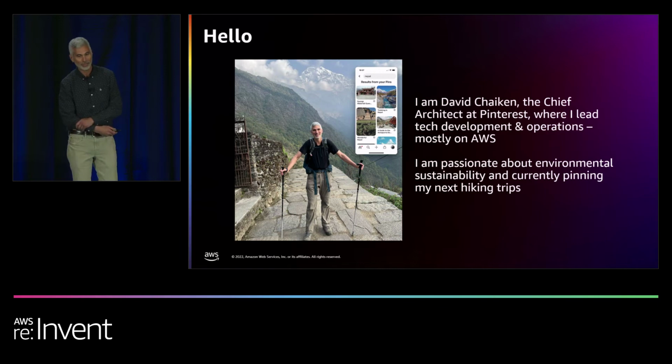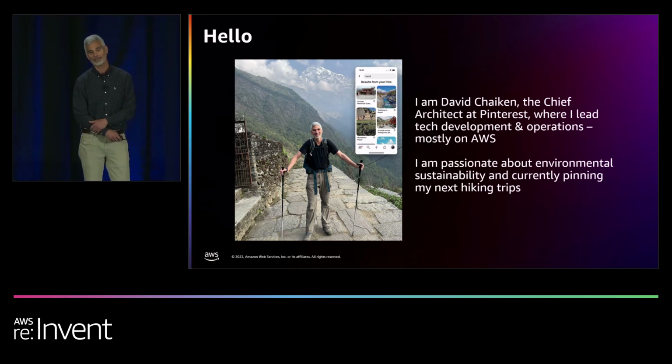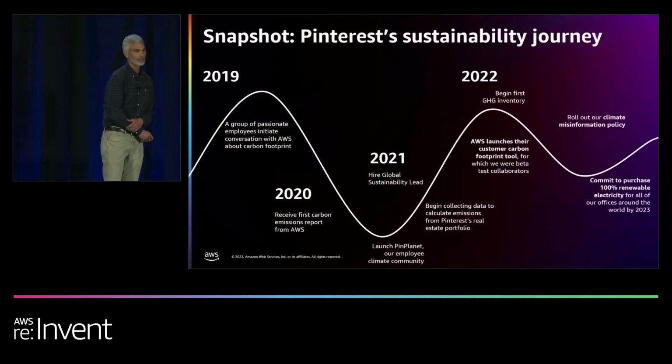At Pinterest, our mission is to bring everyone the inspiration to create a life they love. And today, I'm excited to share a bit about our environmental sustainability journey and our partnership with AWS.